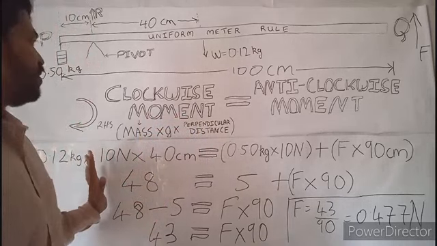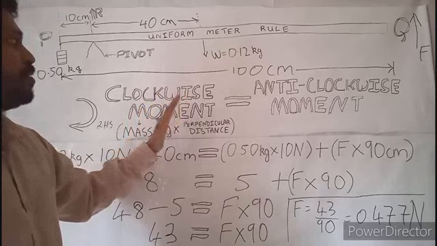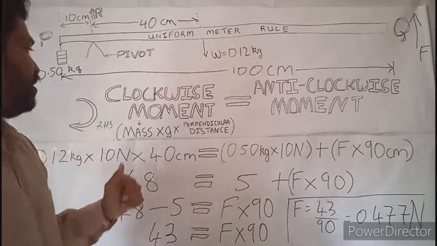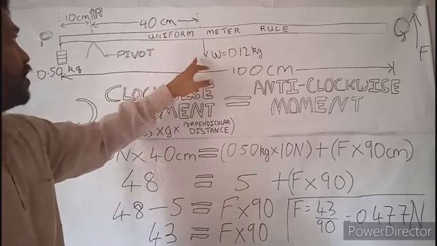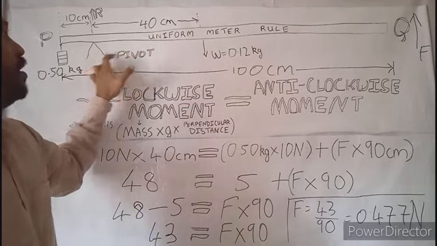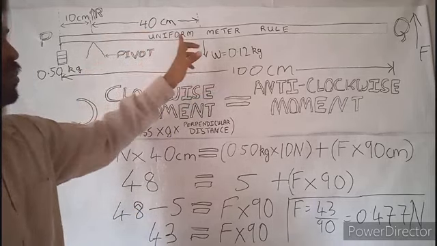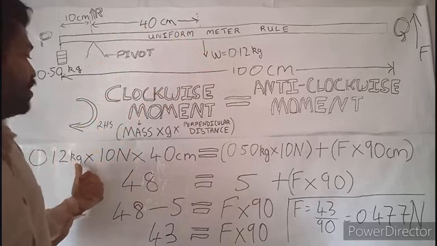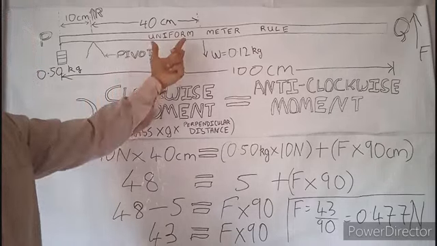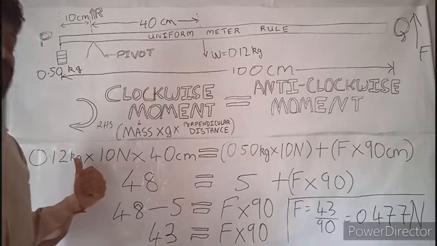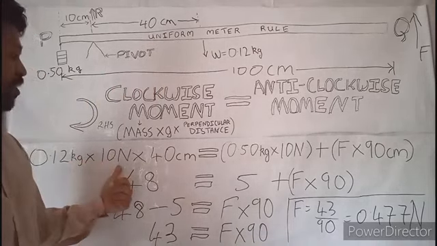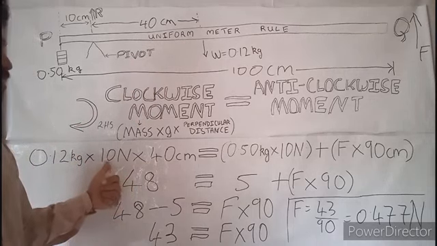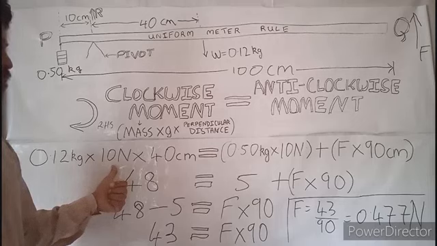So in the first case, the clockwise moment is due to W, and you can see the distance from the pivot to the center is 40 centimeter. What is the weight of the uniform meter rule? It is 0.12 kg into 10 newtons. We need to convert this mass into force, that is why we are multiplying with 10 newtons.